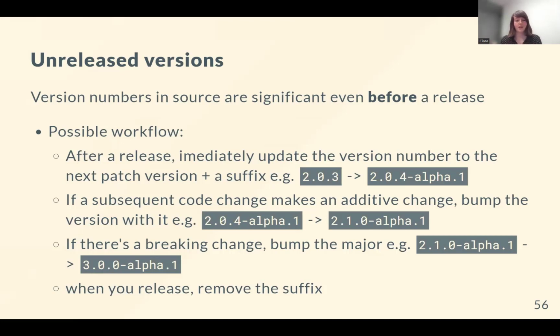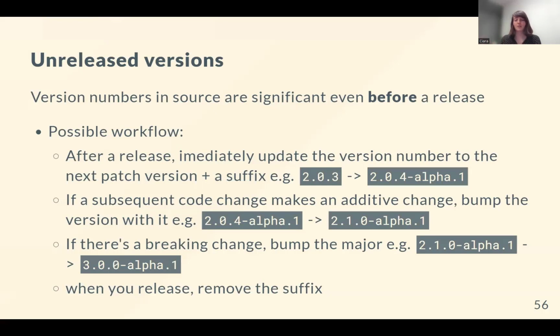And then if there's a breaking change, then you bump the major number. So in this case, we're going from 2.1 to 3.0. And then when you're ready to release, you remove the suffix, you do the release, and the process starts again. You bump the number, ready for the next one, which is quite nice for a few reasons. Like if someone's depending on functionality, then they can see if something's changed.